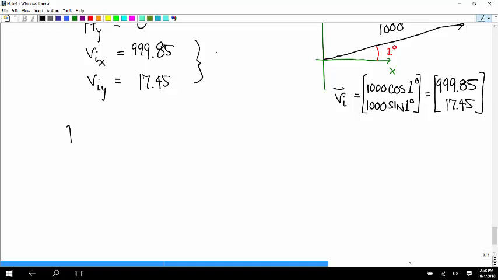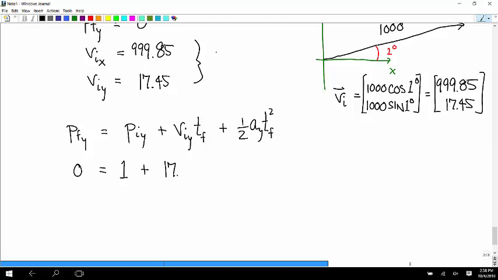So we'll use the same equation. Pfy is equal to piy plus viy tf plus 1/2 ay tf squared. So we have 0 is equal to 1 plus, this time we have 17.45 tf minus 4.905 tf squared.